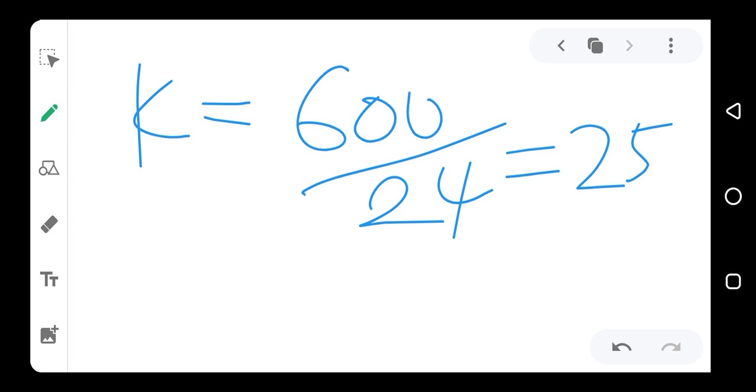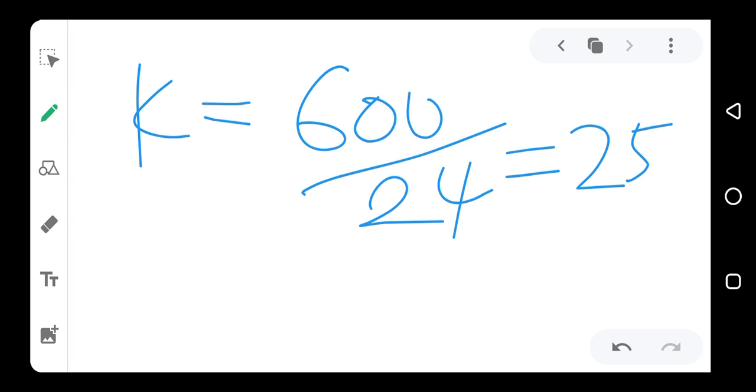So we have gotten one of the constants, K, as 25. So we have to get the second constant in order to use the relationship between the variables to solve anything.